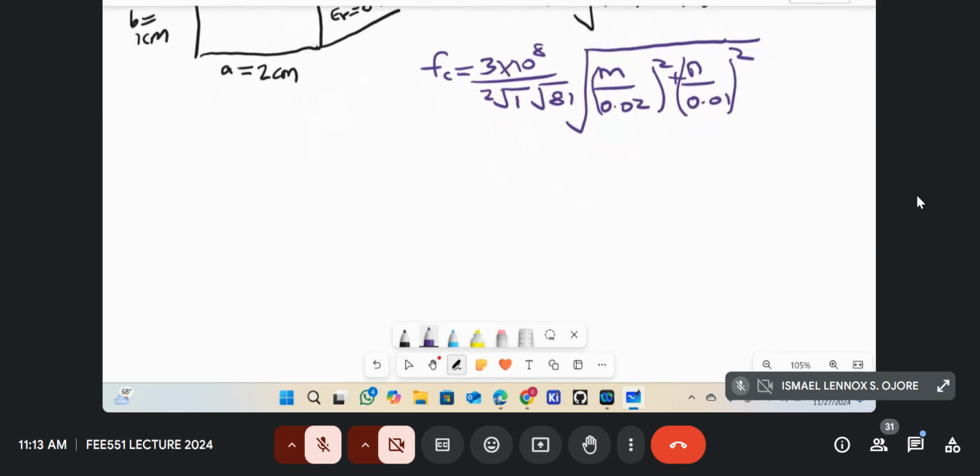Now if you just put these into the calculator, you change the values of m and n.